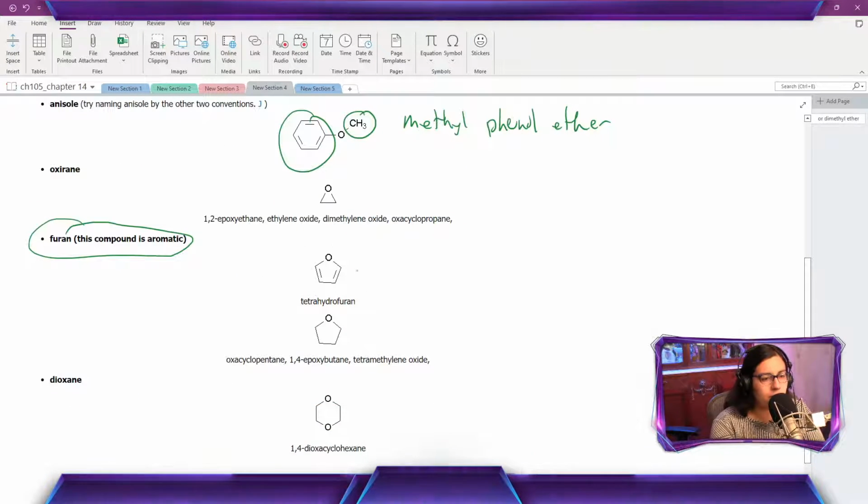So tetrahydrofuran is a very commonly used solvent. This is THF, and it's extremely polar, very good, very solubilizing. And here's another one: 1,4-epoxybutane, telling you what positions the epoxy is, and butane. So 1, 2, 3, 4.